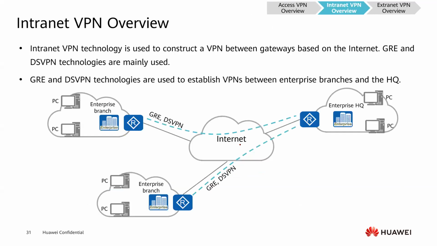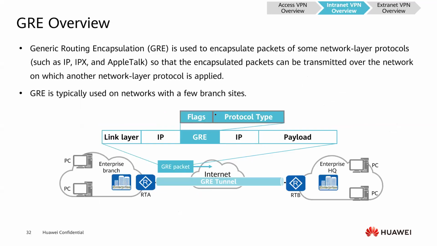And let's look at the Intranet VPN. Intranet VPN basically means, as we said, it only creates the connection between the branch and the HQ, and of course they are in the same company. Besides GRE, we actually have another one, DSVPN. GRE, I guess everyone is familiar with. It is basically IP over IP technology.